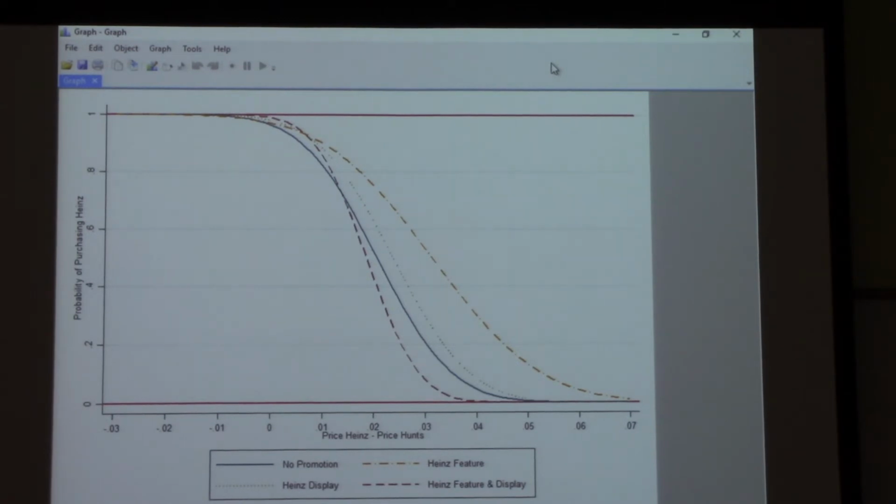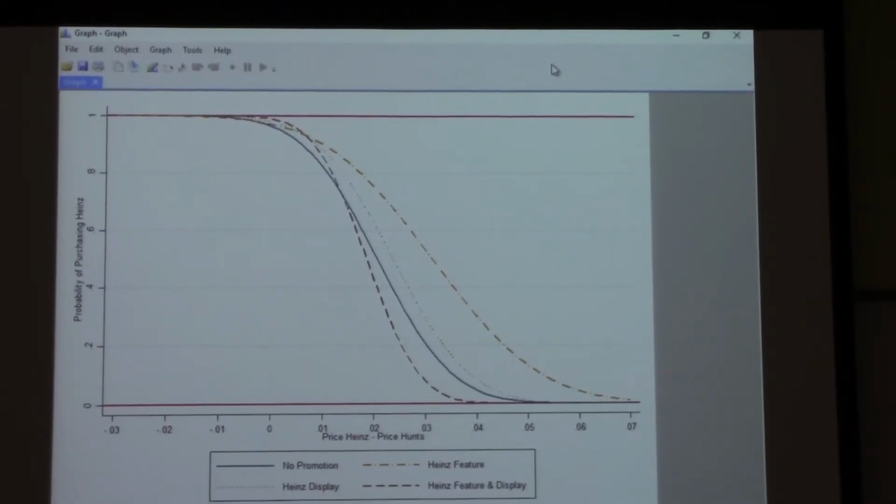Yeah, which is interesting. Promotion has a bigger effect when Heinz is more expensive than Hunt's. I guess that makes sense. It's kind of counterintuitive. Usually price and promotion go together, which we're going to have to address also.